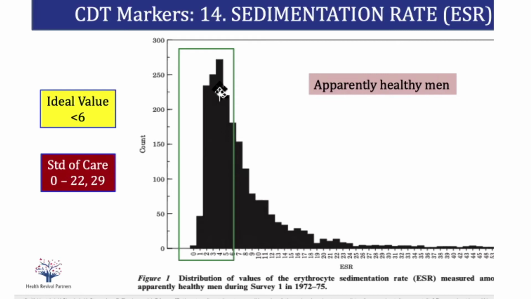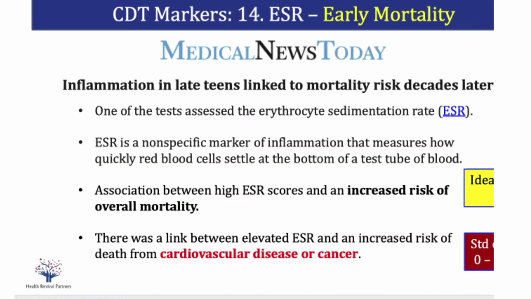But you can see that so many people that are apparently healthy, don't have any health problems, have a creeping up SED rate. And in my world, that's just unacceptable.